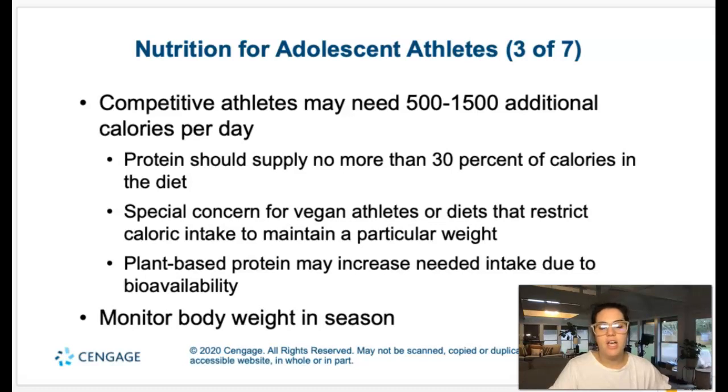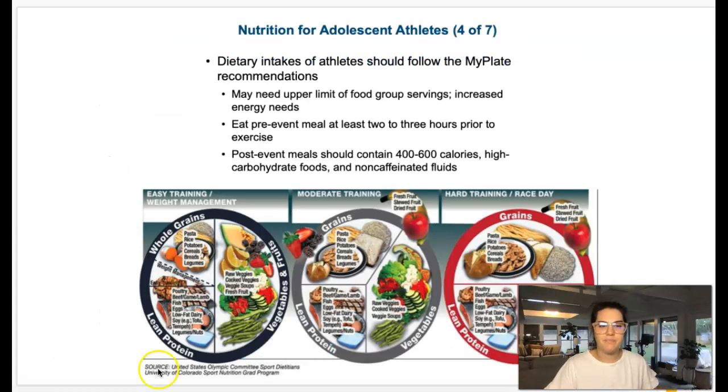So we're going to have bigger issues in sports like gymnastics, cheerleading, dance, and even cross country and long endurance exercises, because either they have a physique that they have to maintain in order to perform their sport, or it may be very difficult for them to consume adequate energy compared to what they're expending in their sport.